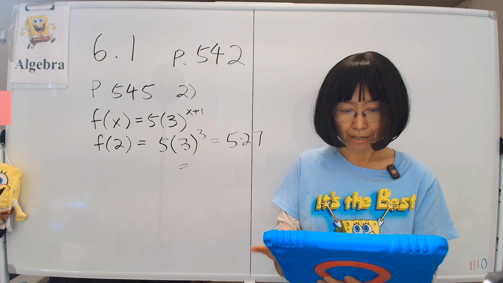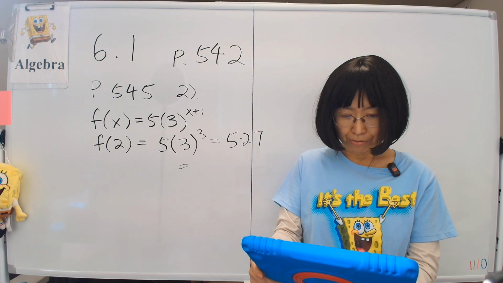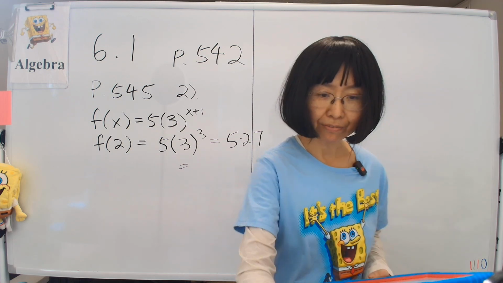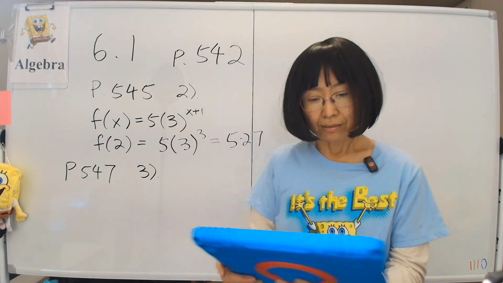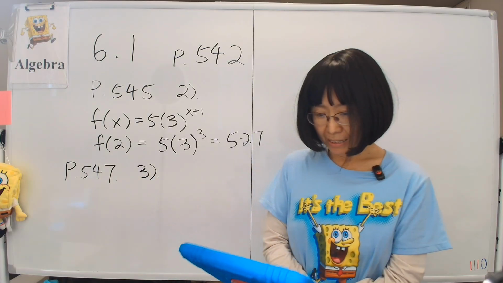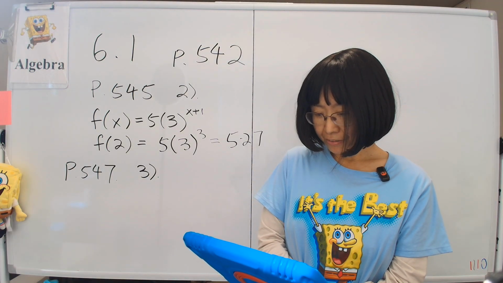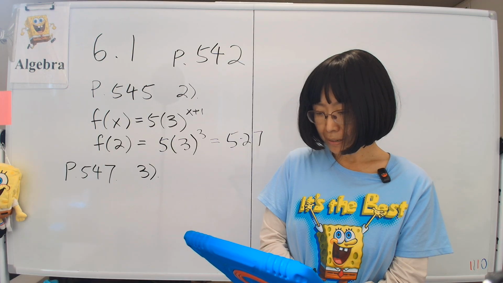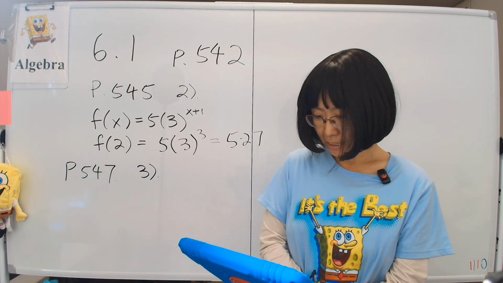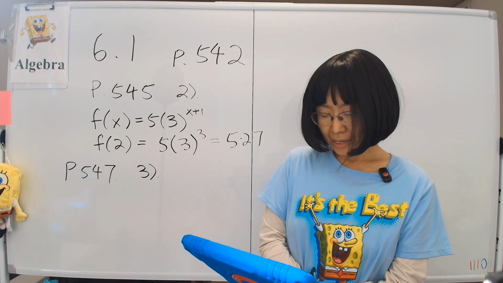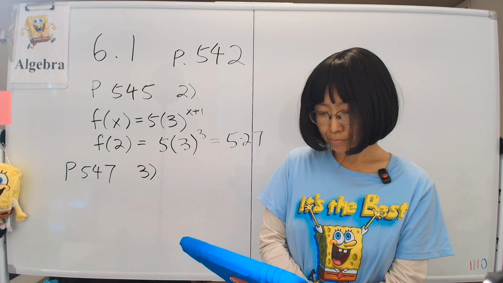Let's look at example 3, which is on page 547. So let's read example 3. The population of India is 1.25 billion in the year 2013, and the annual growth rate is 1.2%.